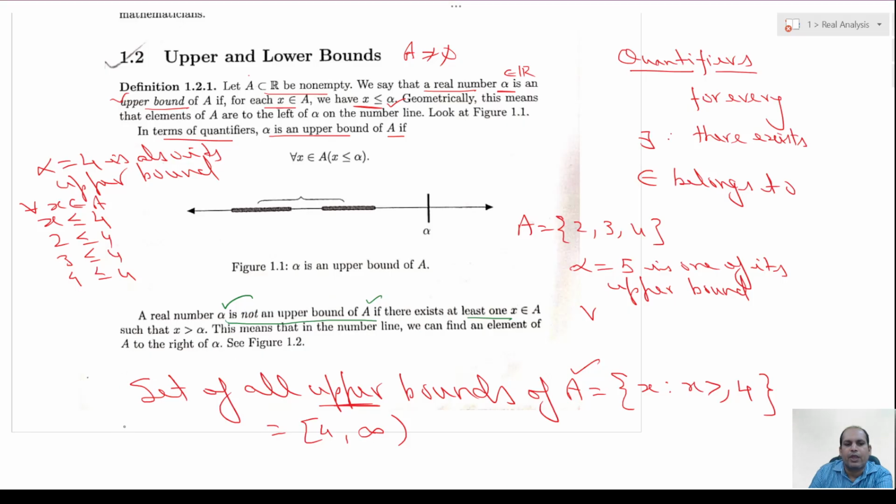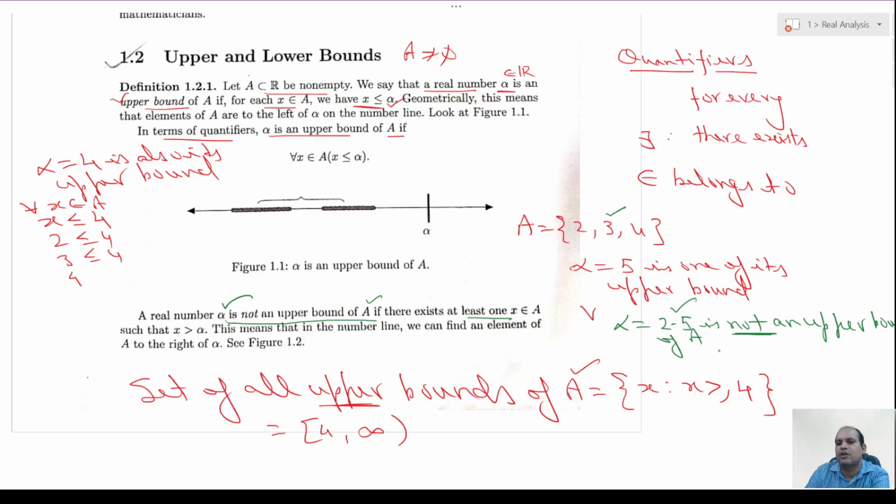For example, if I am claiming that alpha equal to 2.5 is not an upper bound of the set A consisting of 2, 3, 4, for the sake of convenience I am starting from a finite set having just 3 elements. Then from this set I need to produce at least one element.